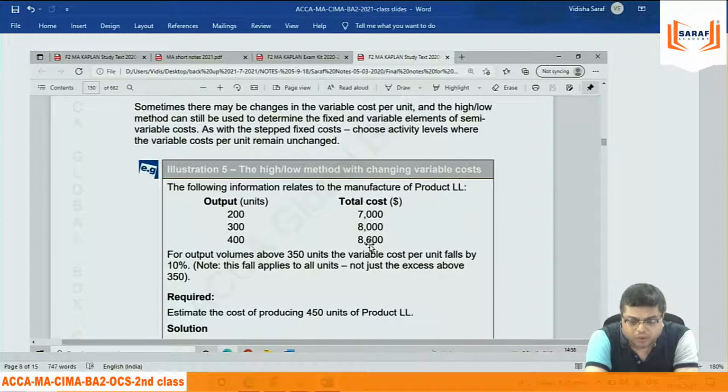Estimate the cost of producing 450 units of product. So they are asking you to calculate the total cost of 450 units. Obviously at 450 units the variable cost will be lower because it is greater than 350. The question arises, of the three levels given in the question, at which two levels is the variable cost per unit the same?